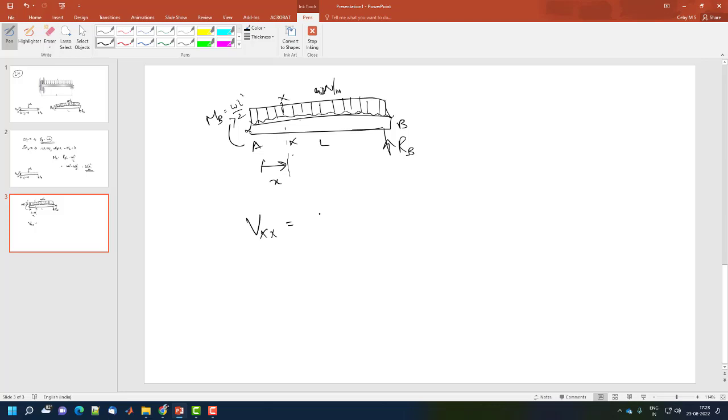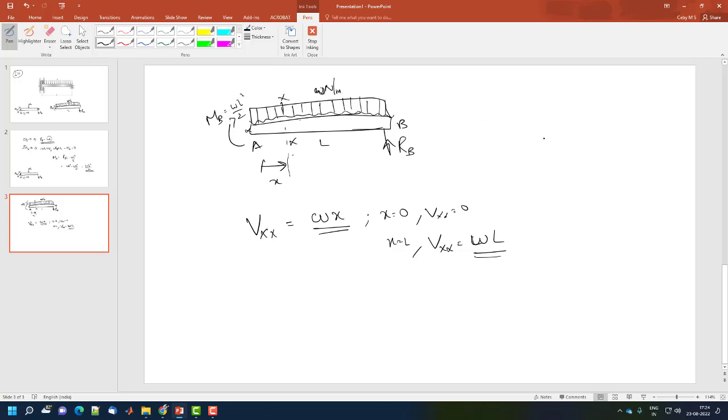At X distance from A, we have W into X. There is nothing else, no other shear forces. At x equal to 0, Vxx is equal to 0. At x equal to L, Vxx is WL. What about the sign?